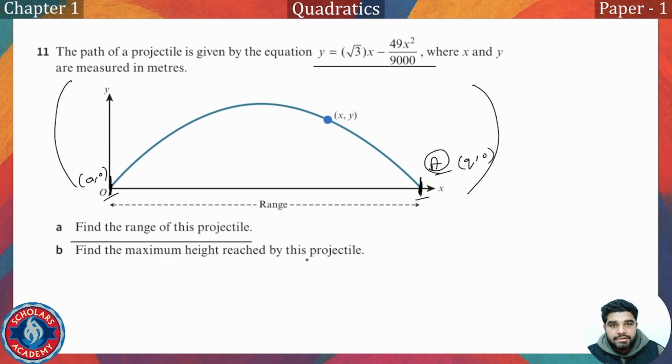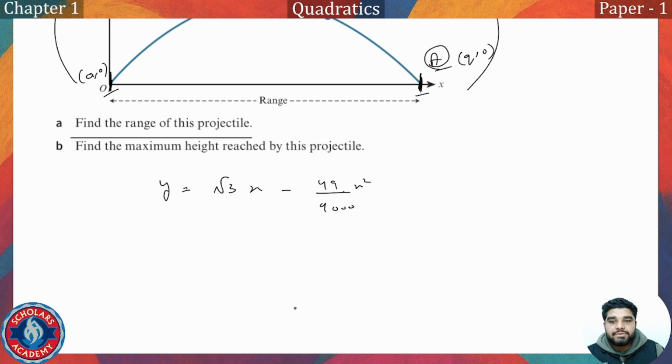So we get the equation y is equal to root 3 x minus 49 by 9000 x square. Substituting y is equal to 0, we get root 3 x minus 49 by 9000 x square equals 0.